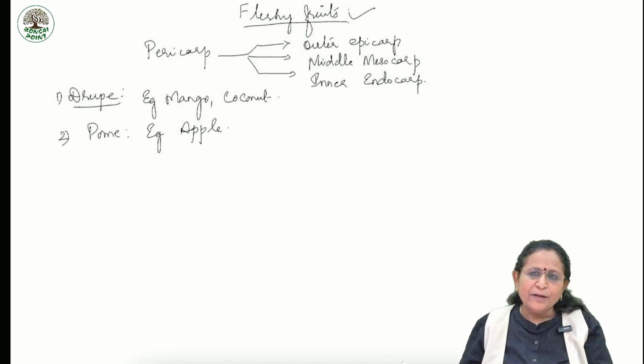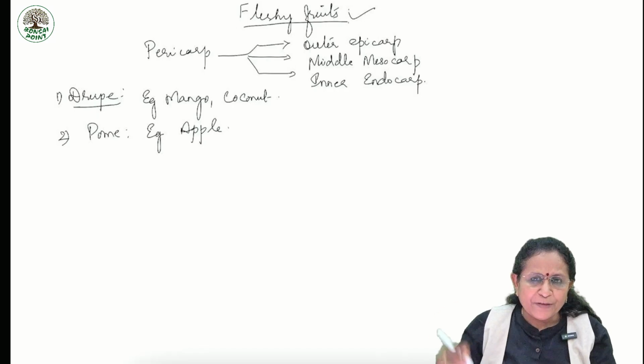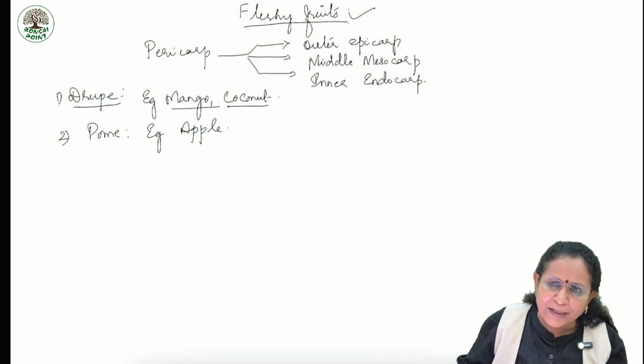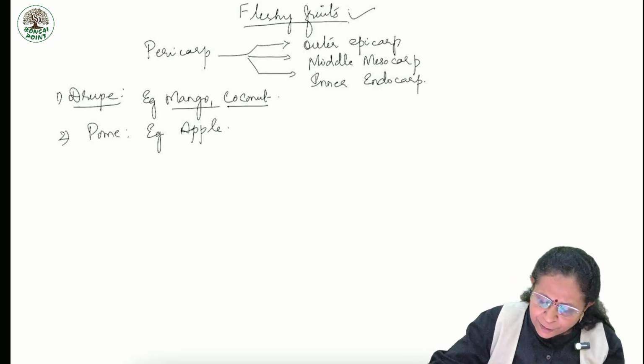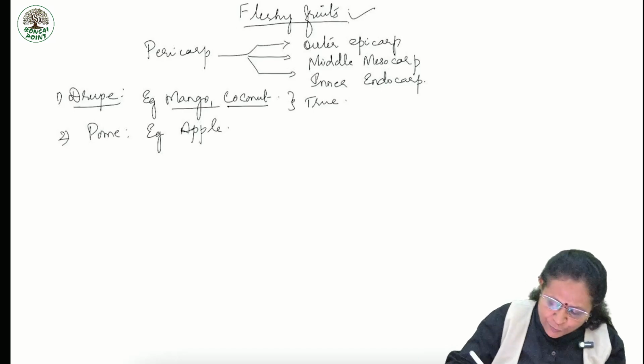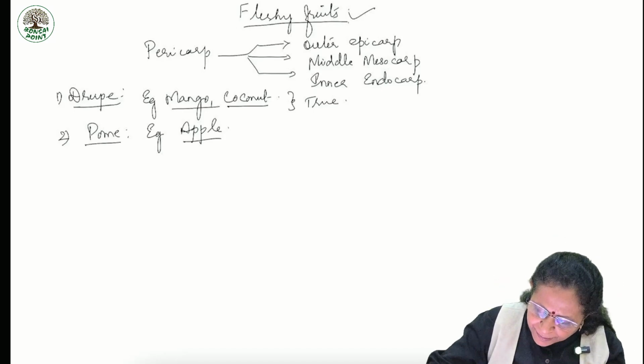Under that we have an example, apple. So, for drupe, which is a fleshy fruit, we have mango and coconut. Both are true fruits. Okay. Under the fleshy fruits, we have a second type, that is pome. Example, apple, which is a false or a spurious fruit.